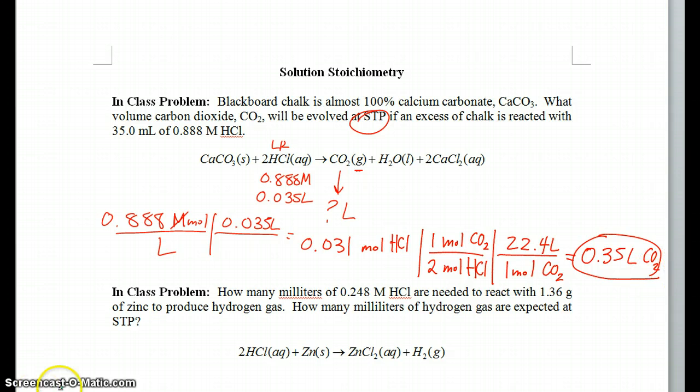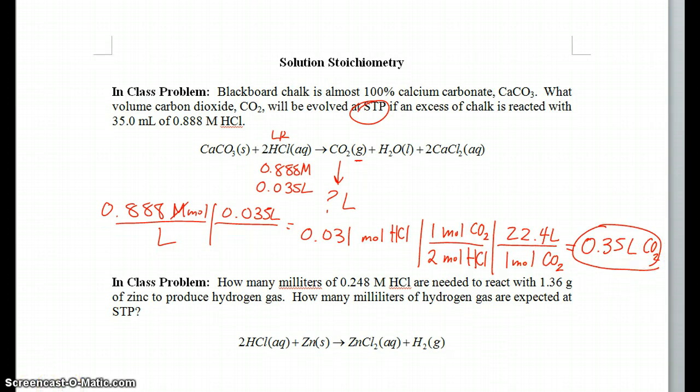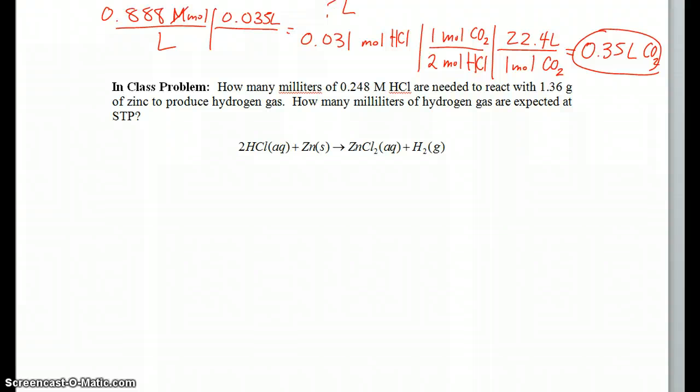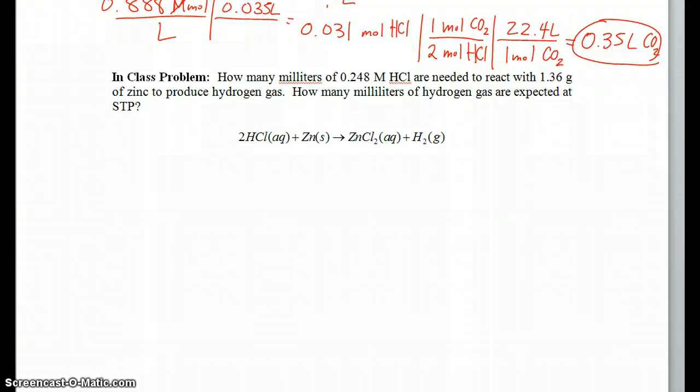Okay, so go ahead and scroll down to the next problem. This works in a similar way, although you'll have to do a little bit more work to arrive at the correct answer. So go ahead and pause your screencast and find the answer to that problem.